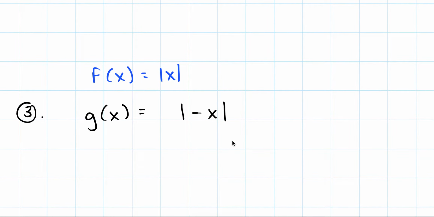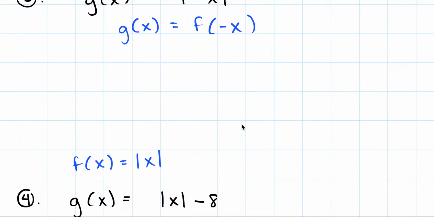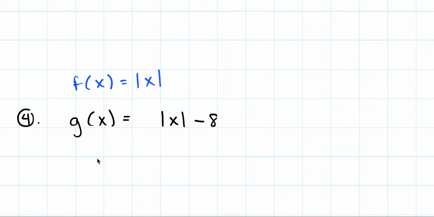How about this one? This new function g is our original function with negative x plugged in. If I plug in negative x, I get the absolute value of negative x. What about this one? This function g is the original function, and we subtract 8 from it.